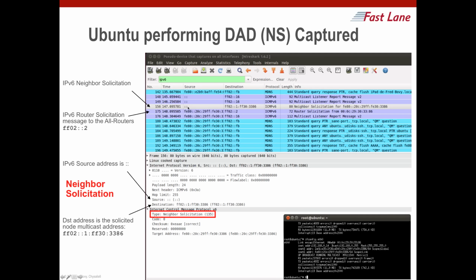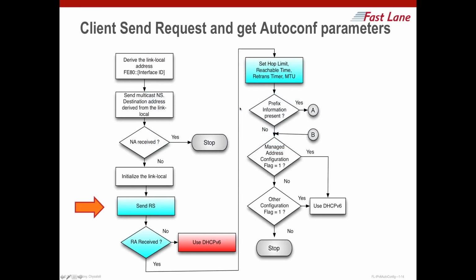The source address is the colon, which means that this address has not been initialized, and it is sent to the neighbor's solicited-node multicast address, which basically sends the IPv6 solicitation to itself, and it expects no replies. If there is a reply, it means that the address is already used by somebody else.